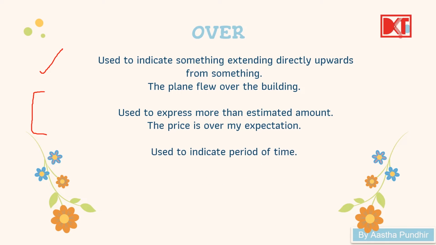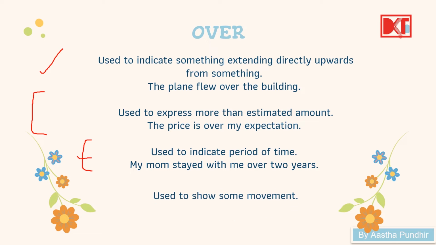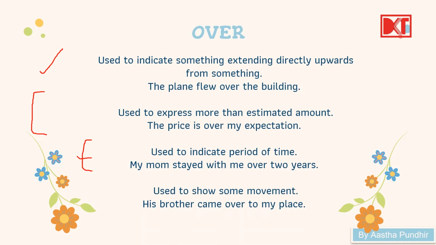Next up we have it used to indicate a certain period of time, in the sense, my mom stayed with me for 2 years. So what is the period of time we are describing here? Over 2 years, something like around 2 years. Next up we have it used to show some sort of movement, in the sense, like, his brother came over to my place.